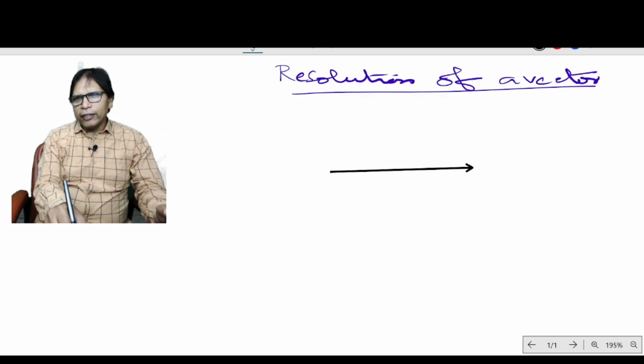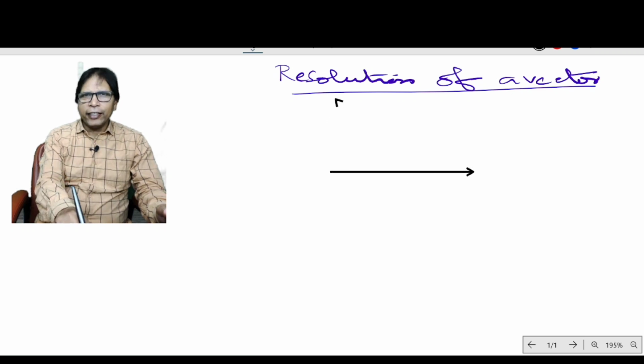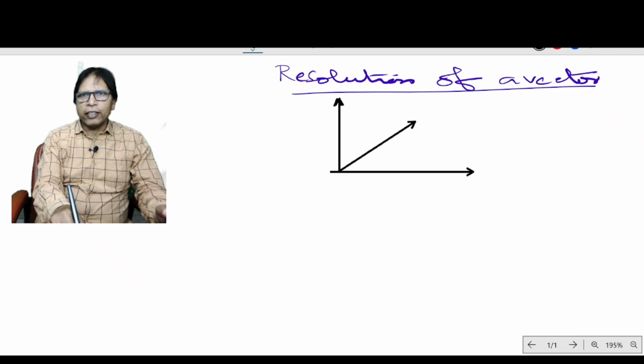Now, resolution of a vector. Suppose this is the x-axis and this is the y-axis. Okay. Suppose this is the r vector. Now we have to resolve this r vector along the x-axis and y-axis. Suppose this angle is alpha. Okay.